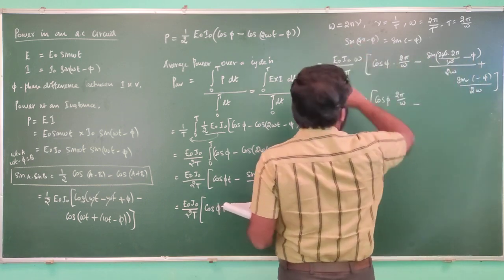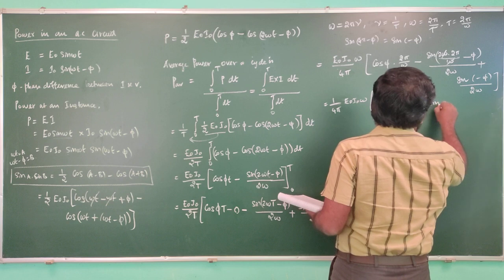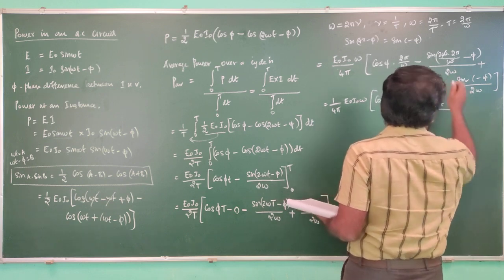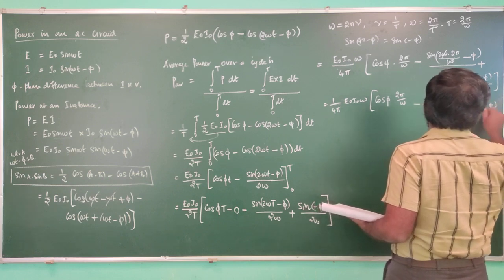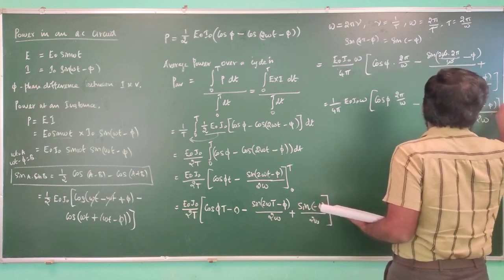Sine 4 pi minus pi becomes sine of minus pi, so sine of minus pi divided by 2 omega plus sine of minus pi divided by 2 omega.